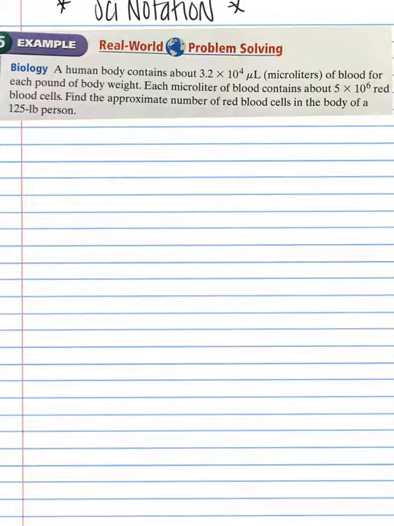Let's look at a real-world application. Let's look at this scenario where you're given this fact. A human body contains about 3.2 times 10 to the 4th microliters of blood for each, and each is a key word, each pound of body weight. Each microliter of blood, back up here, contains about 5 times 10 to the 6th red blood cells.